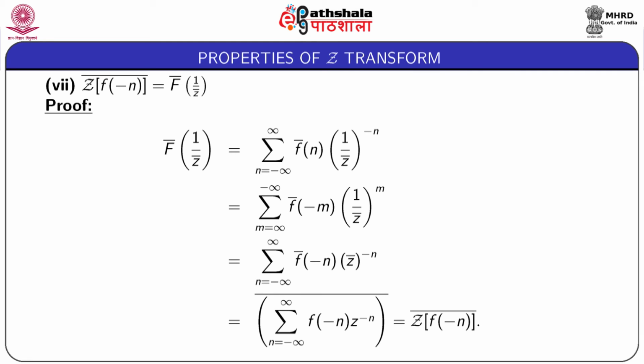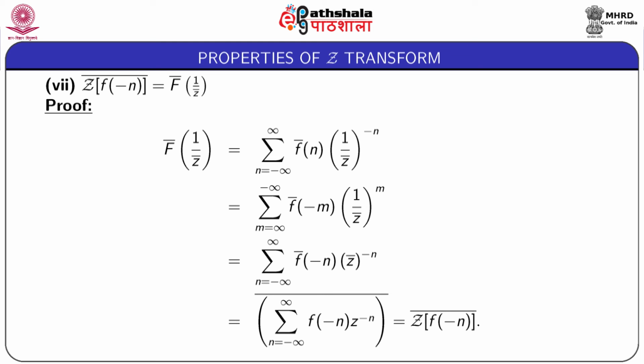Next property is that conjugate of Z transform of f(minus n) is equal to capital F bar of 1 by z bar. For proof, we start with capital F bar of 1 by z bar, and this is equal to, according to definition of Z transform, summation n equal to minus infinity to plus infinity small f(n) 1 by z bar whole to the power minus n.